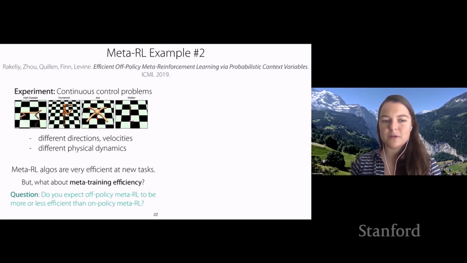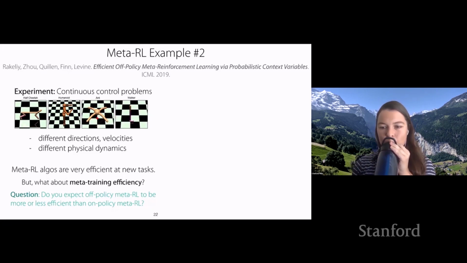Recall that an off-policy meta-RL algorithm is able to store and reuse data, whereas an on-policy meta-RL algorithm basically just uses only the data from the current policy. You can answer in chat or raise your hand if you want. Do you think off-policy is more or less efficient than on-policy meta-RL?